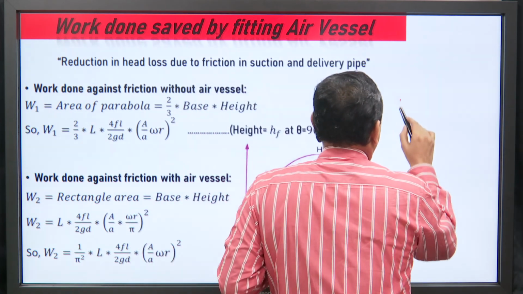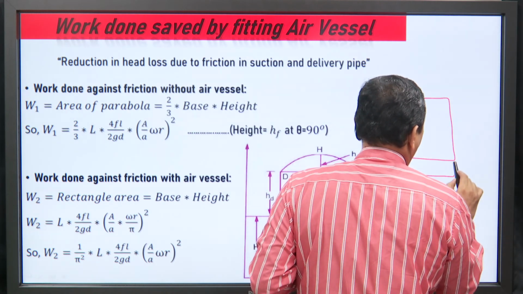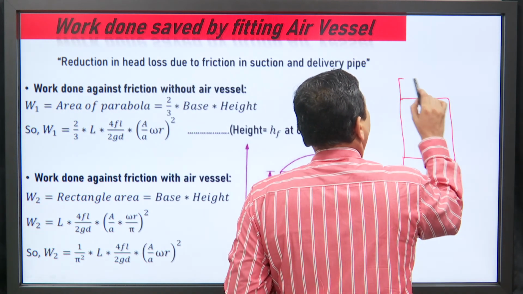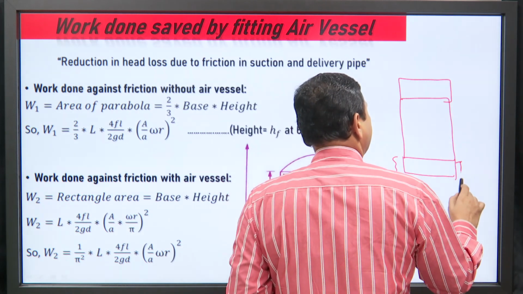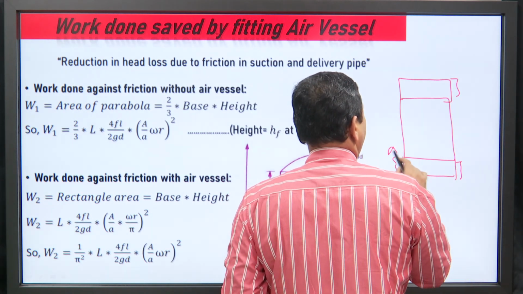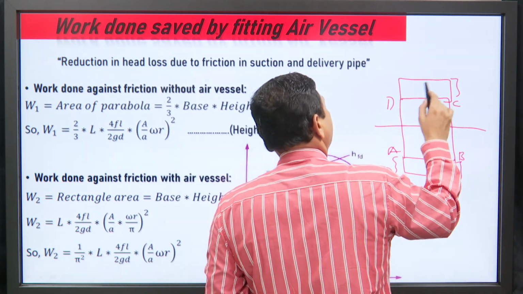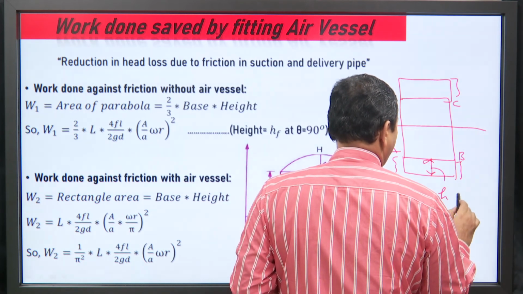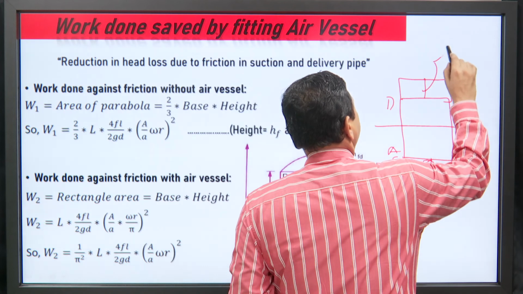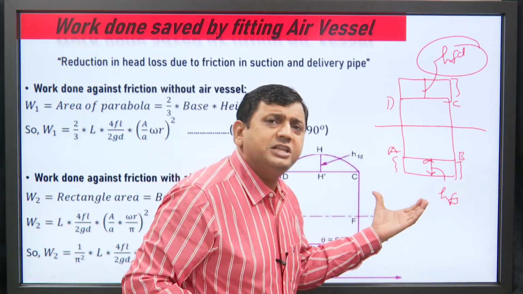The indicator diagram becomes like this, and this friction effect is not a parabola; it becomes a rectangle A, B, C, D, with HFS and HFD. This rectangle is with air vessel.